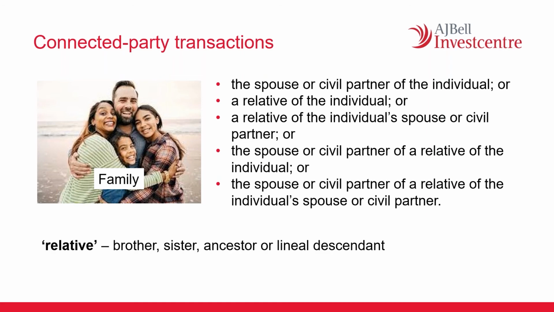Relative in terms of the rules is defined as a brother, sister, ancestor or linear descendant. So parents, grandparents, children, grandchildren, etc. But technically speaking, it's not nieces, nephews, cousins, aunts, uncles. It may feel like there is a connection, but in terms of the rules, technically speaking, they are not connected parties.